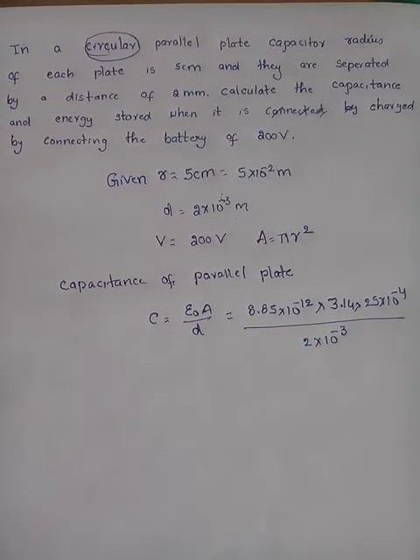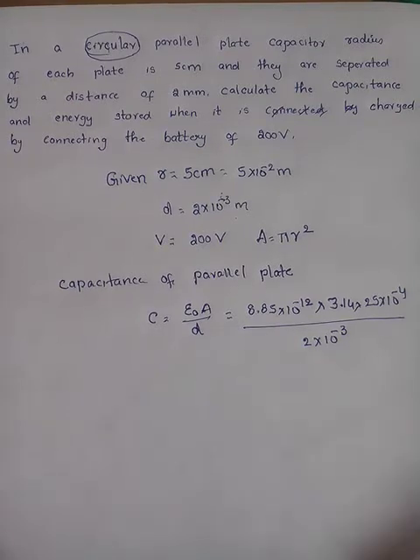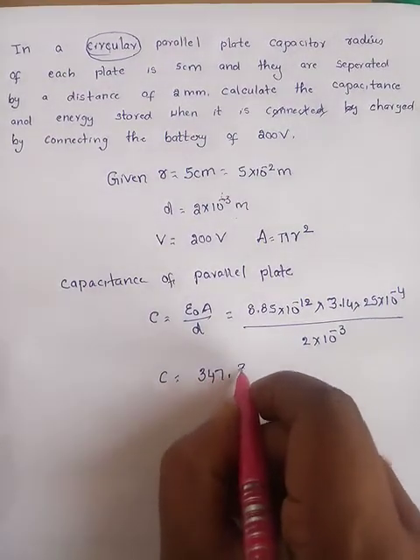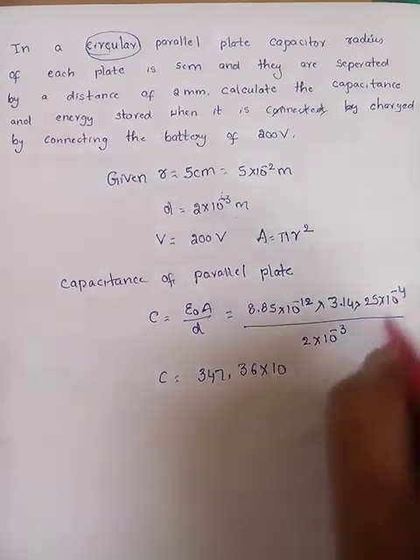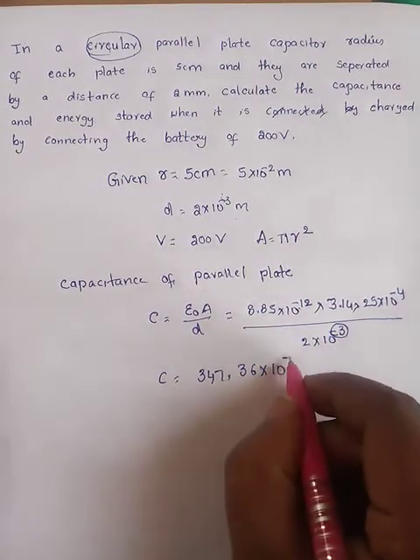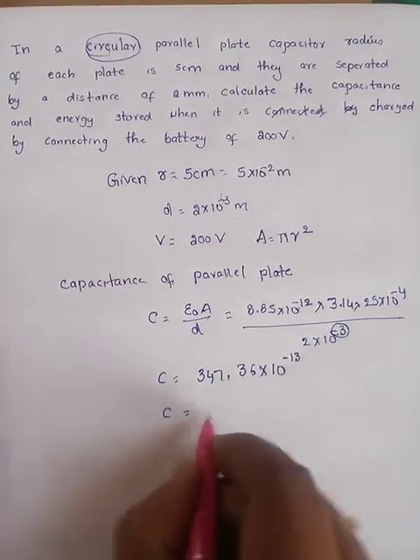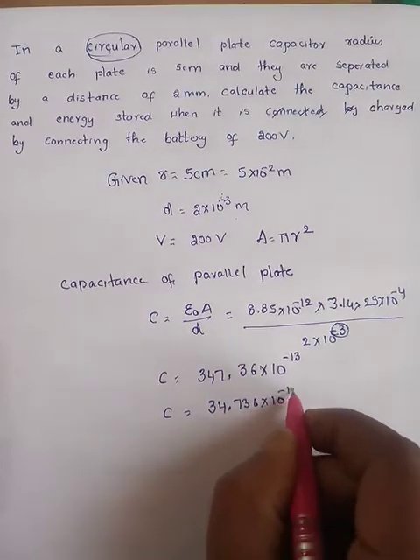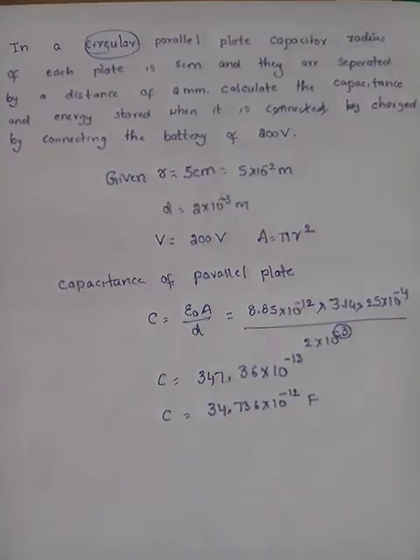So we got all the values, we are substituting them: 8.85 into 3.14 into 25 divided by 2, we got the value as 347.36 into 10 raised to minus 12 minus 4 minus 16, and the numerator plus 3 gives minus 13. That implies C equals 34.736 into 10 raised to minus 12 farad. So this is the capacitance.